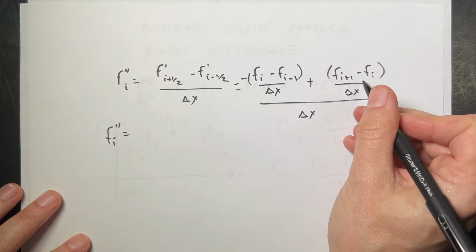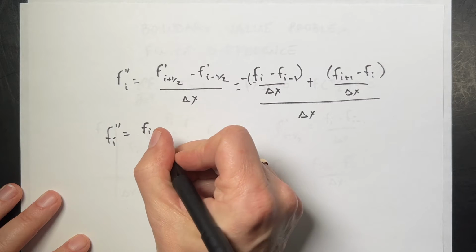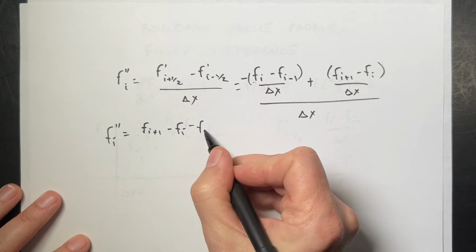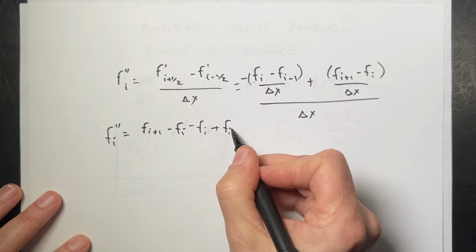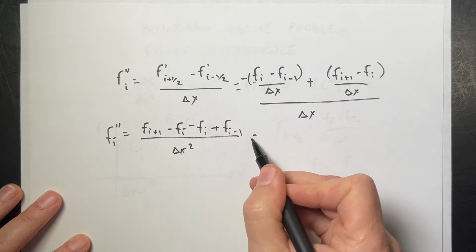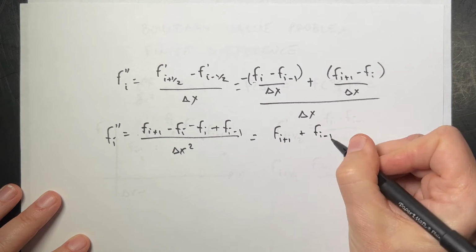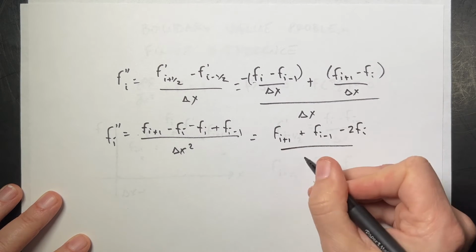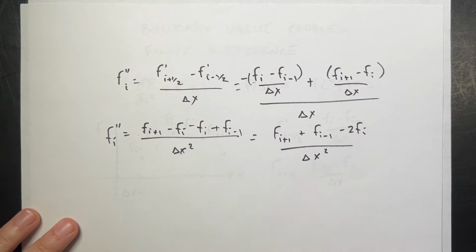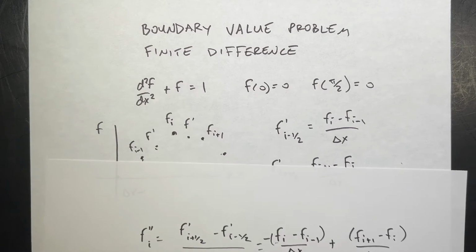Let's put this one first, because that's what it should be: fi plus 1 minus fi. Now I have this term, minus fi plus fi minus 1, because it's minus and minus, and all of that over delta x squared. I can write this as fi plus 1 plus fi minus 1 minus 2 fi over delta x squared, because there's minus fi, there's two of them. That's my expression for the second derivative as a finite difference, in terms of these points.